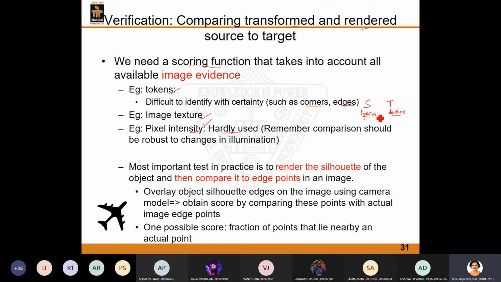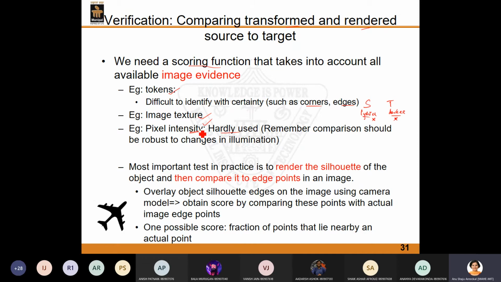So in such a case, if you go for a pixel to pixel comparison, the score would be very low over here, or it would say that the similarity is very low, because this gives me a lighter pixel intensity value as compared to this particular pixel, because of this illumination variation. But in the actual case, these may be the exact same images of the same object, only with different illuminations.